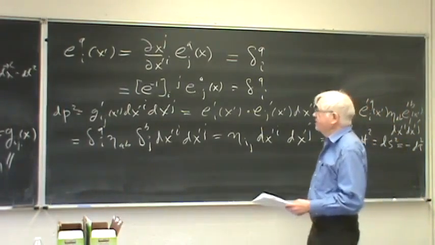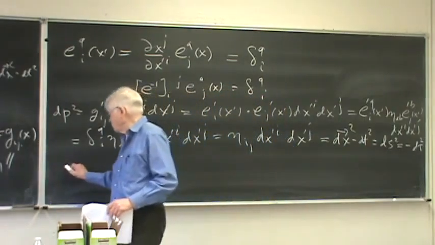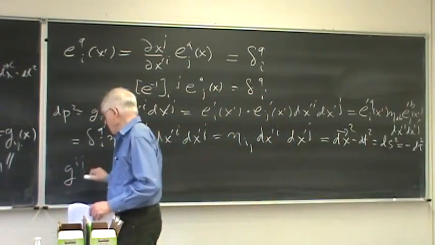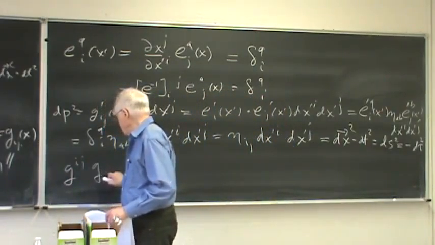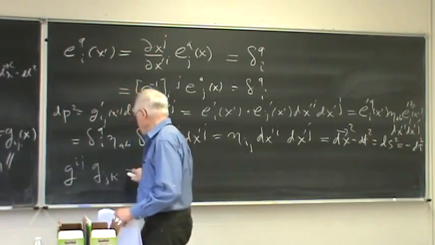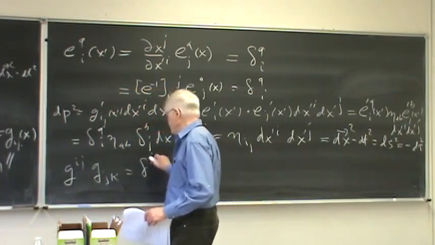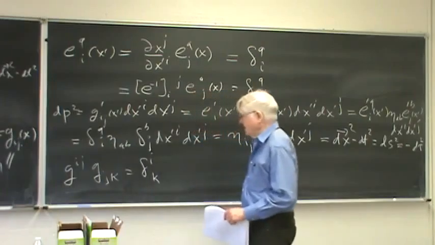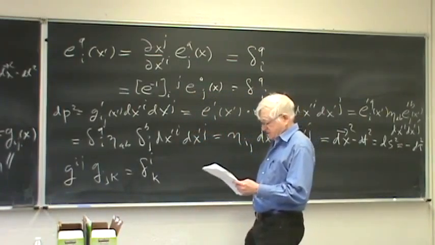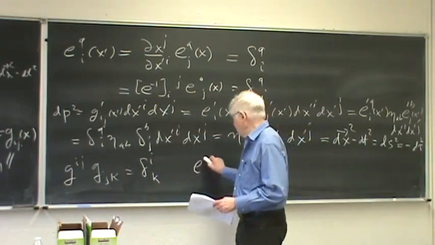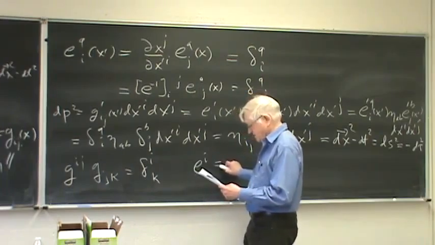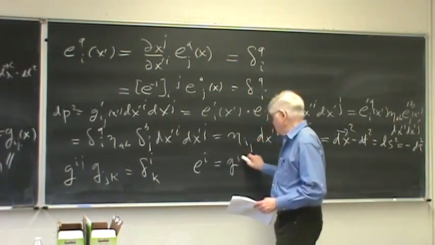We defined g upper ij as the inverse of the metric tensor. So this is delta^i_k, and in particular we can raise a tetrad index like this.